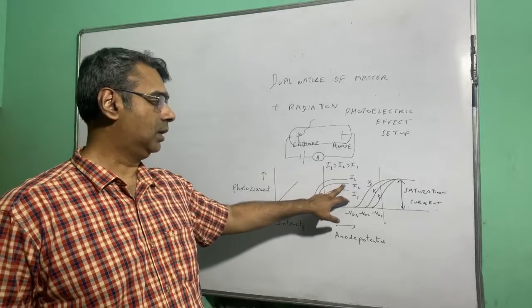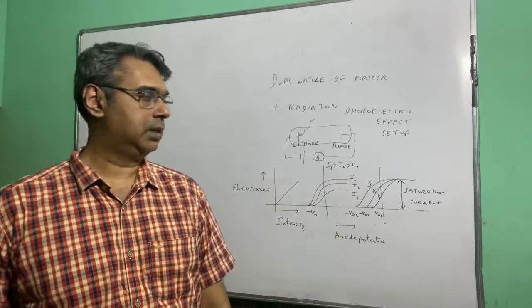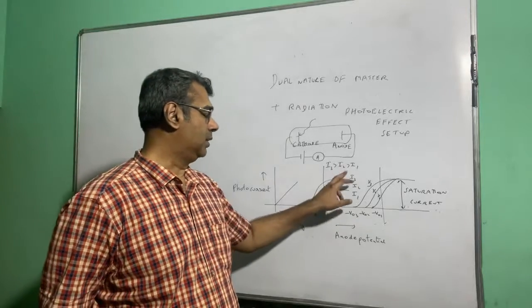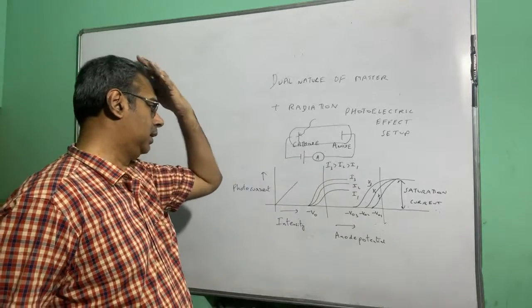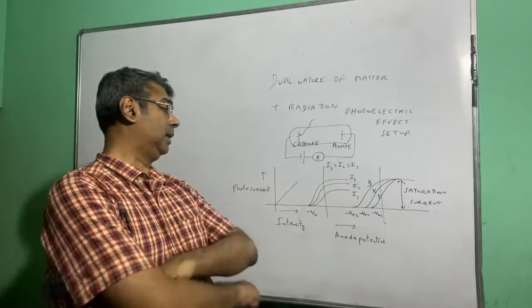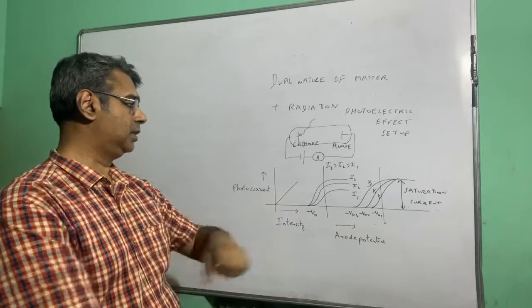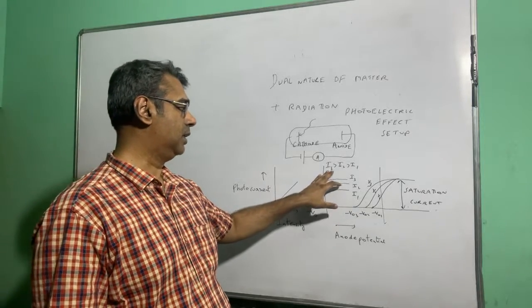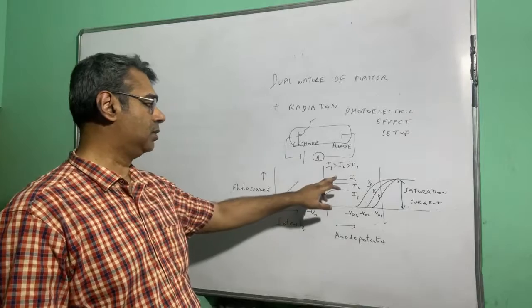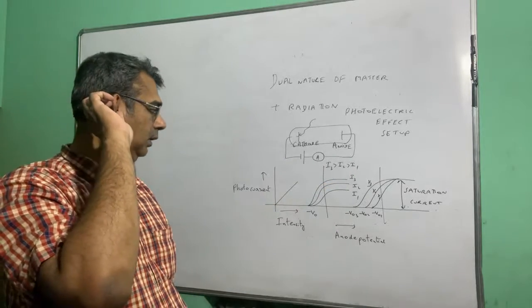I2 is second, so the current is second, and I1 is the least, so the current is the least. So I3 greater than I2 greater than I1 is the comparison of intensity of these three graphs. Because I3 is the most and I1 is the least, the saturation current is most for I3 and least for I1.